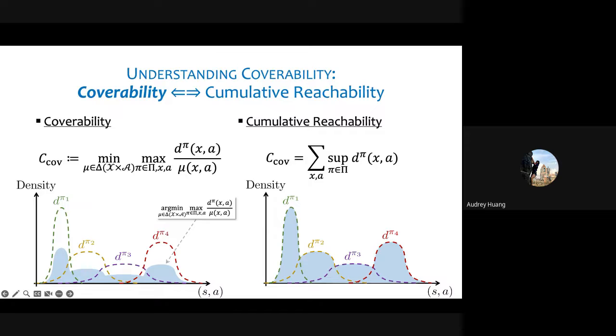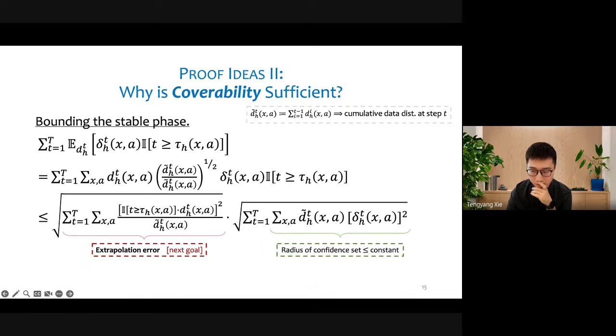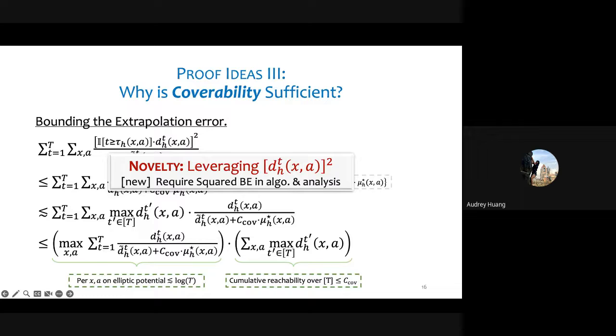It seems in the upper bound proof, you only use one direction of this equivalence, and I was asking if you use the other direction. I think not really. In this per state-action elliptical potential lemma, we need to use that this part is larger than all the pi. I see, got it. Thank you.